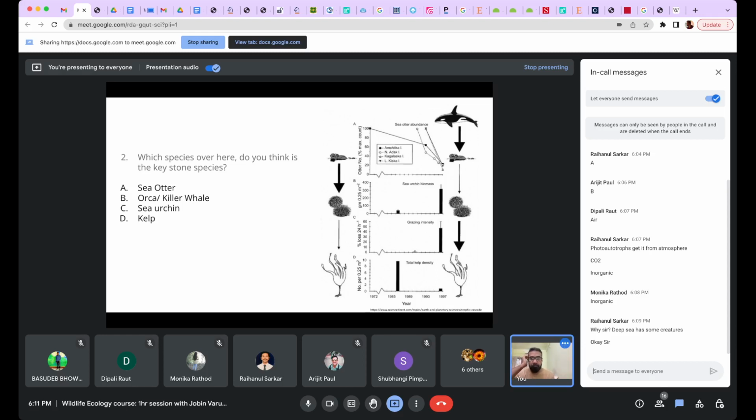So which species over here do you think is the keystone species? Okay, Raihanul says killer whale.